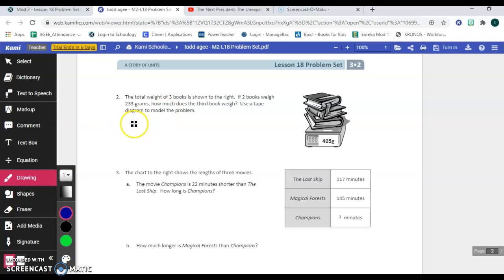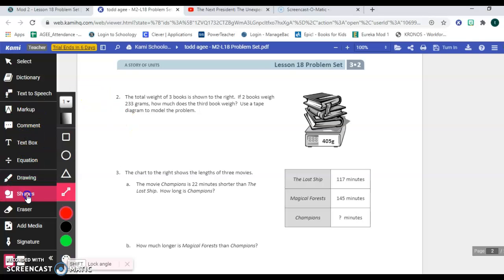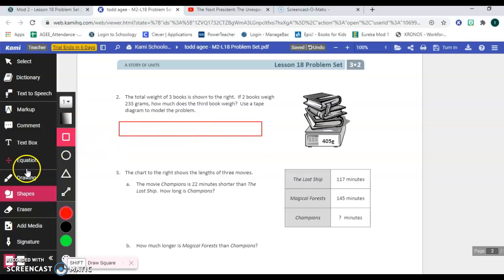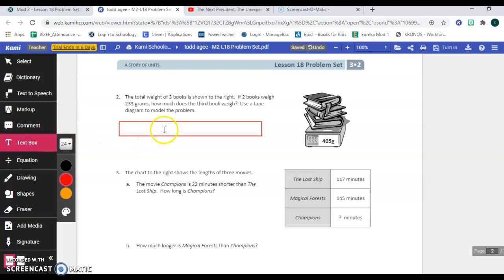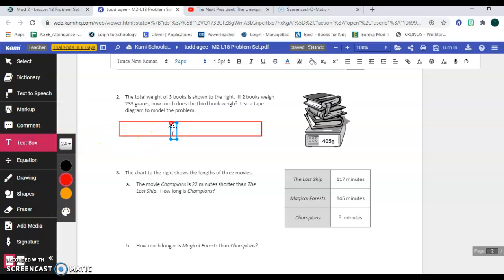All right, so I'll show you the tape diagram model using this here. And so I'm going to use one long tape to represent the total of 3 books, and I'm going to label it with the text box. I'm going to label it with the total of 3 books, which is 405 grams.